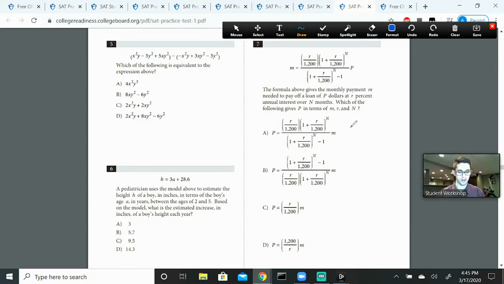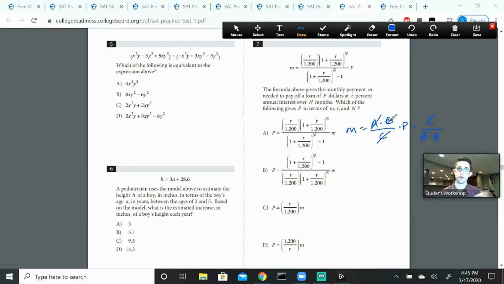Now if we had an equation like M equals A times B over C times P, this wouldn't be too difficult. What we want to do is move everything on the P side over to the M side, so we can multiply by the denominator and the numerator, so it cancels itself, so the C's would cancel, and then we just divide by what's in the numerator, so the A's and B's cancel.